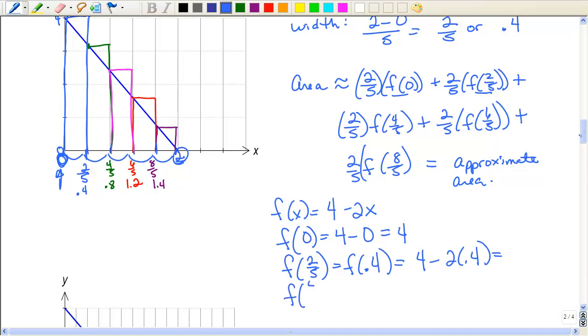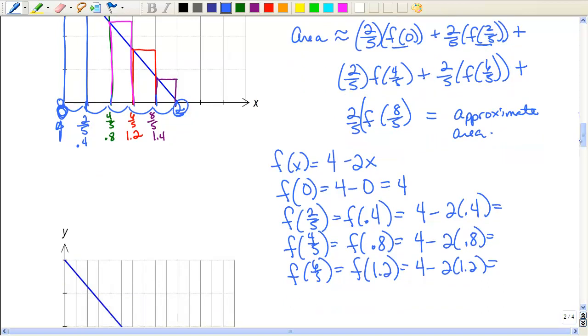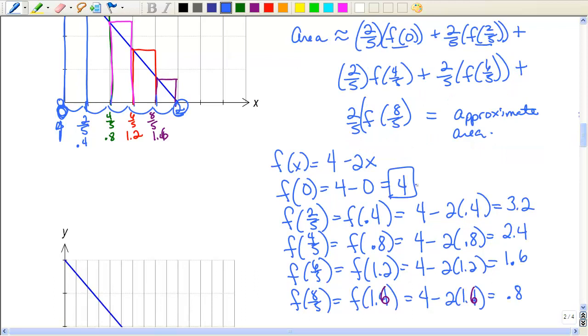Use a calculator. So f of 4/5, which is the same as f of 0.8, f of 6/5, and then last but not least would be f of 8/5. As I was doing my calculations, I did catch a small mistake: 8/5 is 1.6. So those are all my heights of my rectangles.